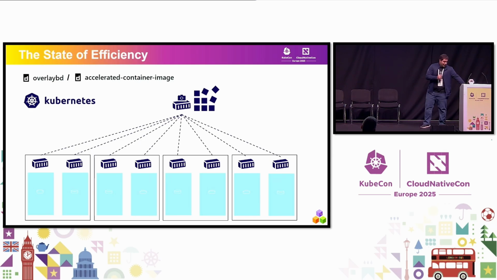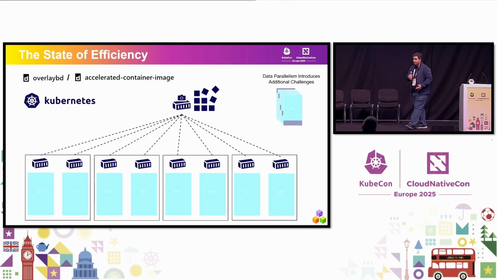So when we're dealing with large language model training or just AI in general, we sometimes need to load data in parallel. This data parallelism presents a lot of challenges and means that we actually need to be able to simultaneously access lots of data across multiple places at the same time.